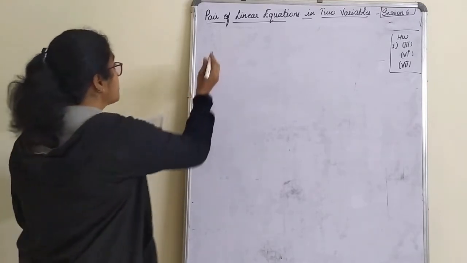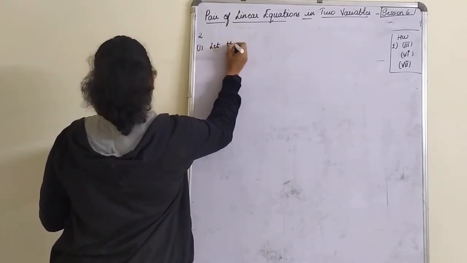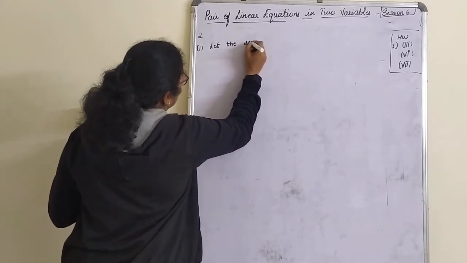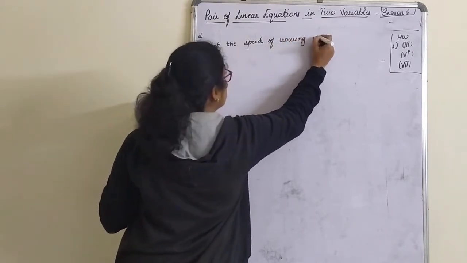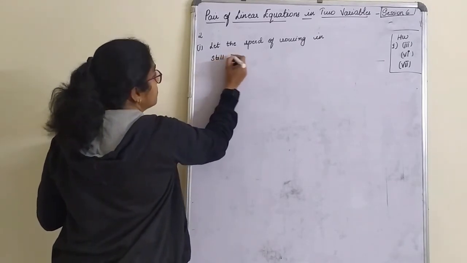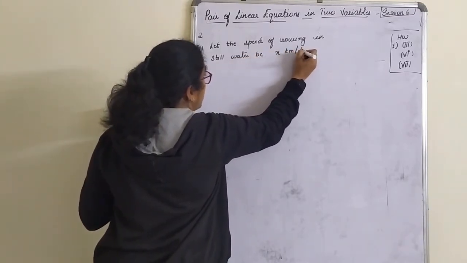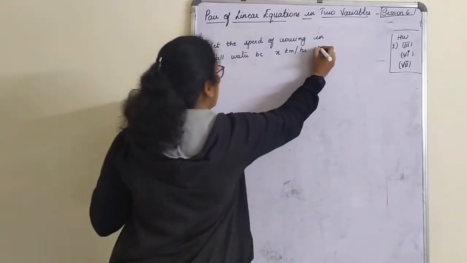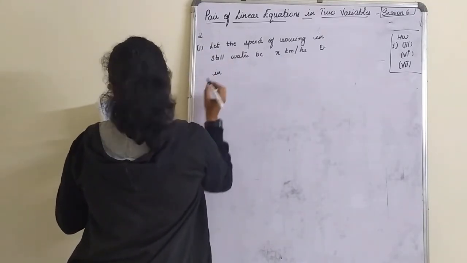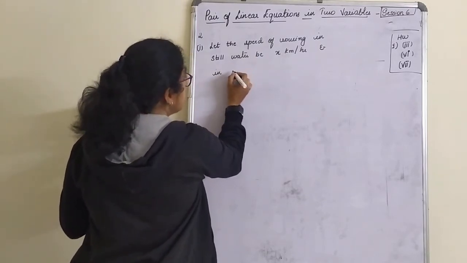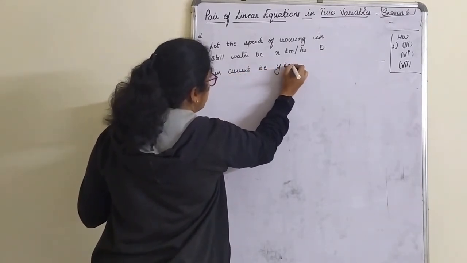So let us assume that the speed of rowing in still water be x kilometer per hour, because speed is given in terms of kilometer per hour, and the speed of the current be y kilometer per hour.